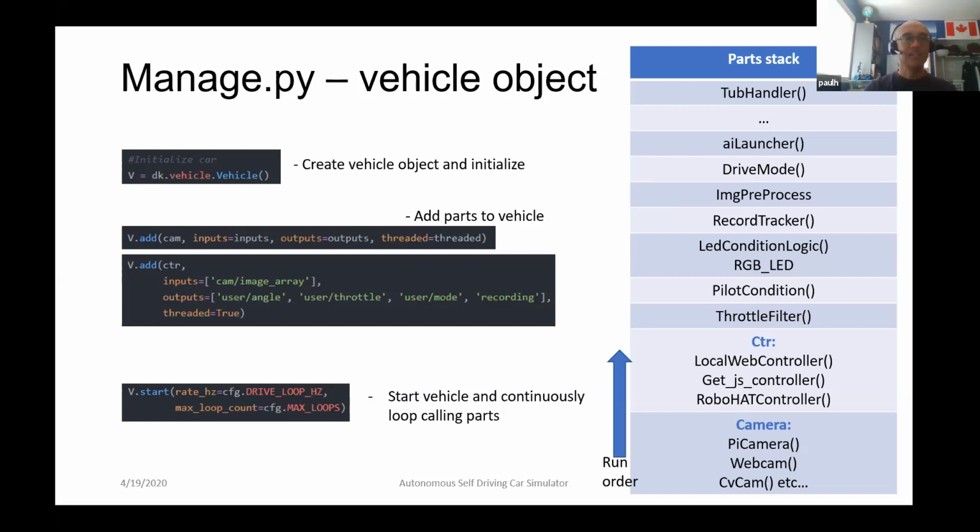Okay, so again, the parts are really critical to understand. This is how the donkey car can support many configurations. It's basically plugging in the parts that you need for your specific hardware implementation.